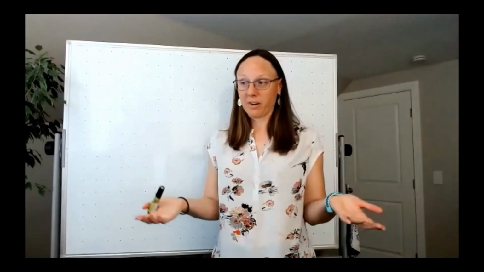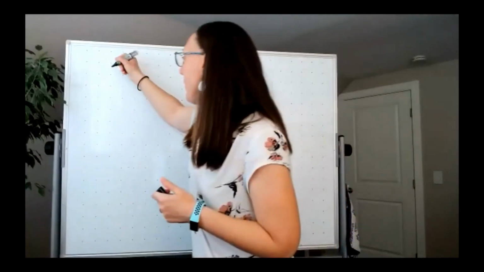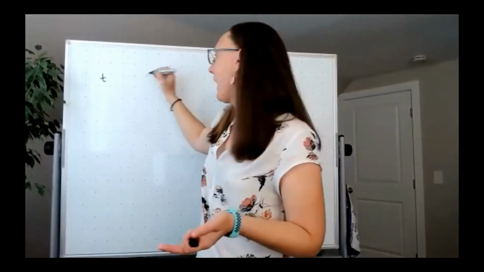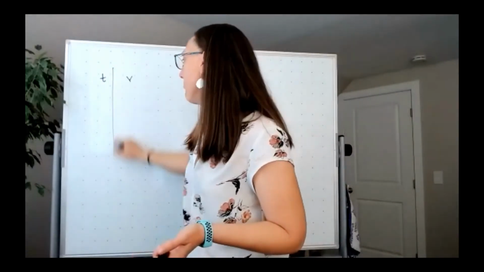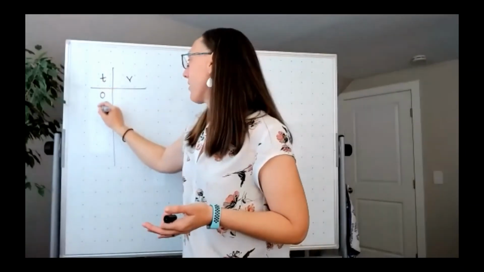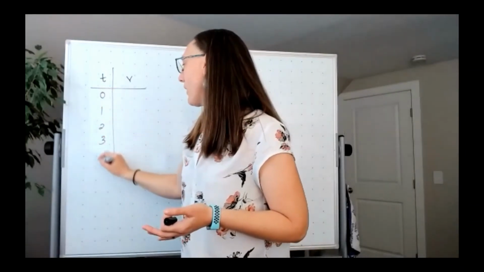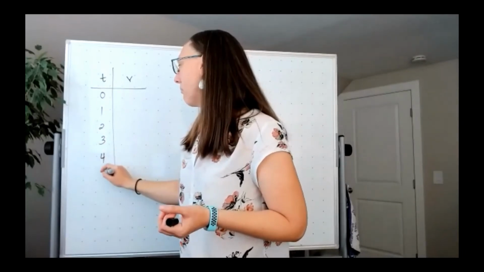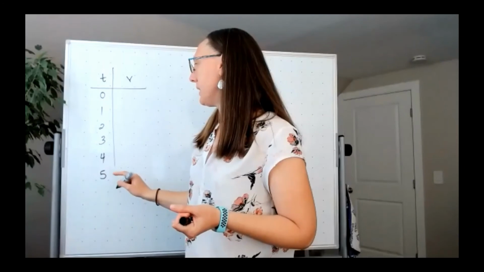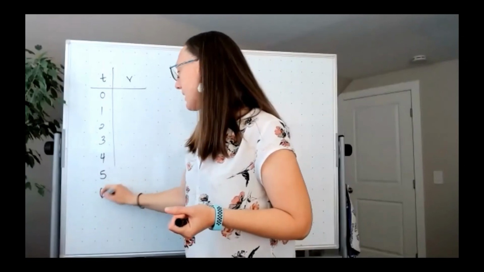So if we were given a table of values, so let's say that we were given times and velocities. And we have velocities at 0, 1, 2, 3, 4, 5, and 6.